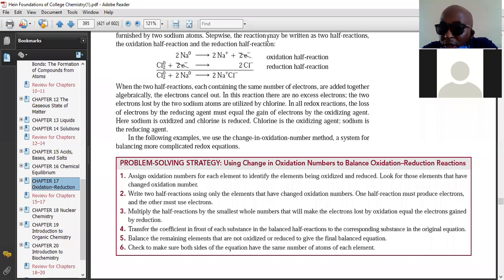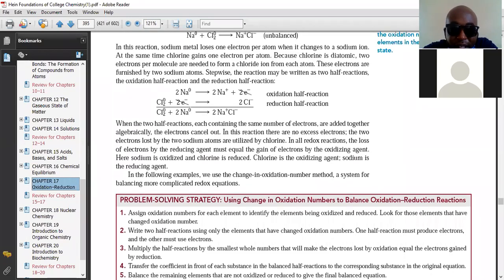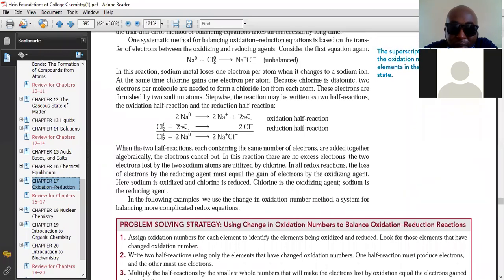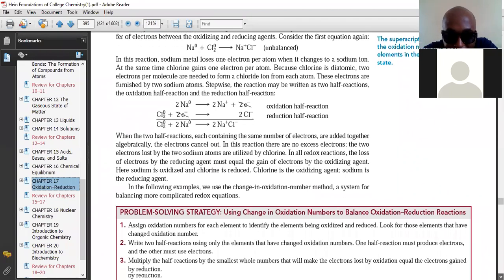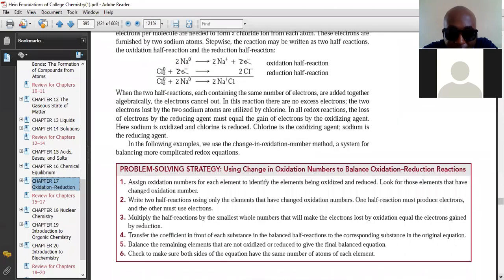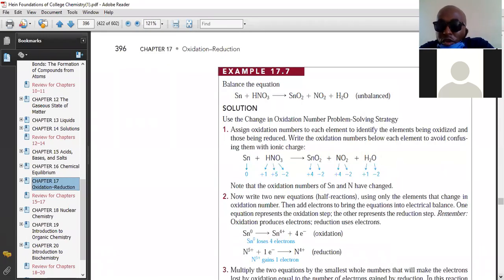The simple redox we did last time, with sodium and chlorine, is easy to balance by inspection. You can count the number of chlorines and do all that. But if an equation becomes more complicated, then there are rules. The first rule is you assign oxidation numbers.